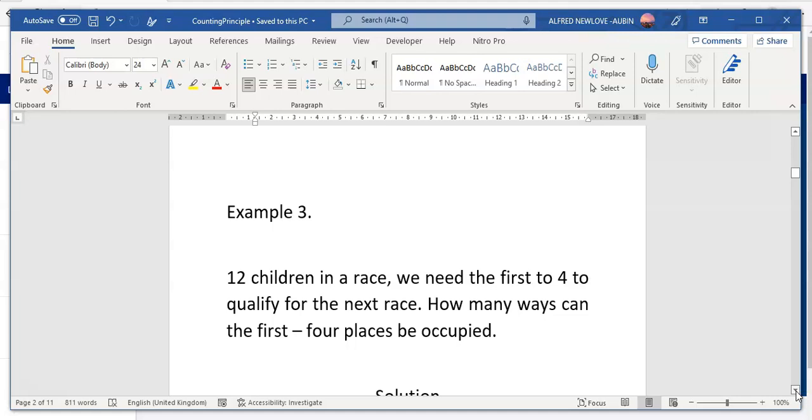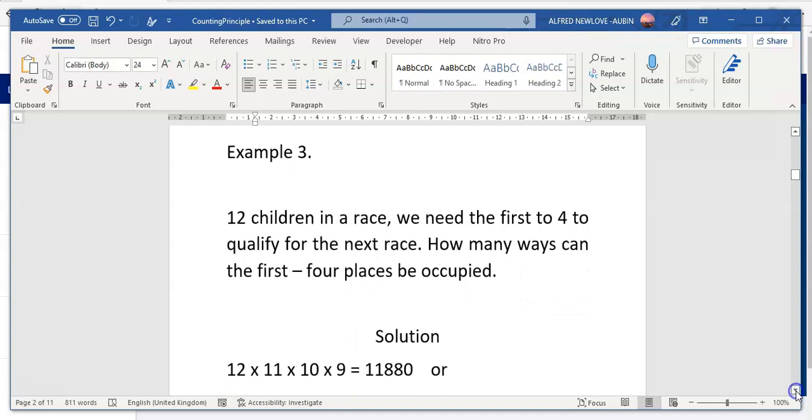There are 12, but we need only the first to fourth. How are you going to solve this one? Since we need only 4 people, it means there are 4 spaces. So the first space can be occupied by any of the 12 children. It can be the first child, second, third, or fourth, etc.